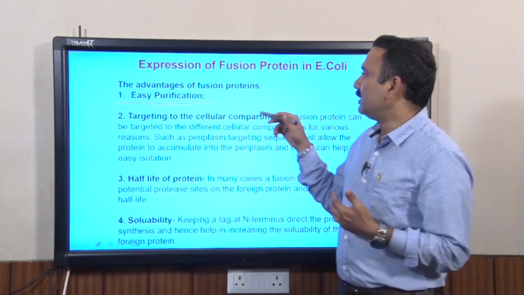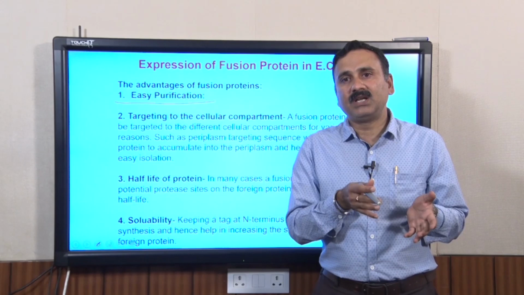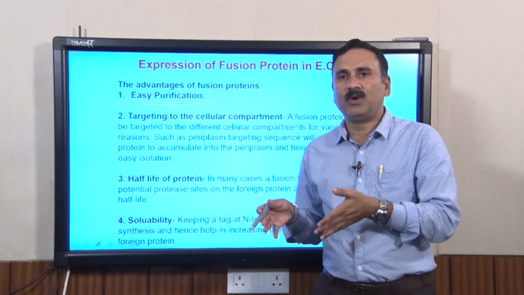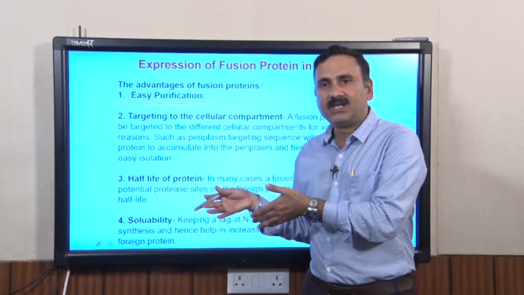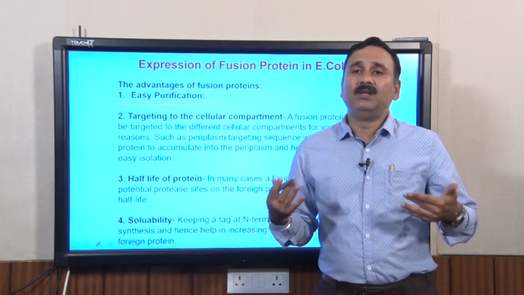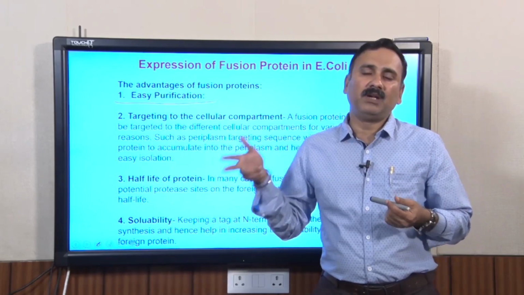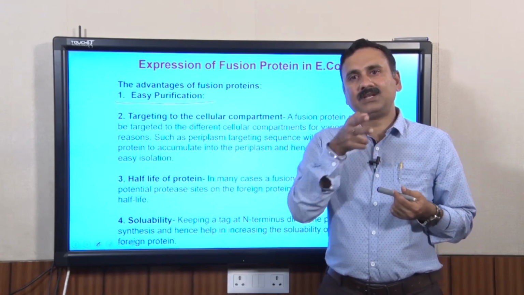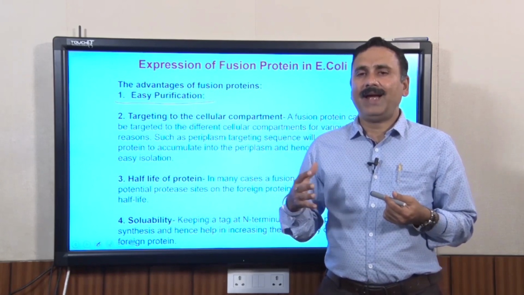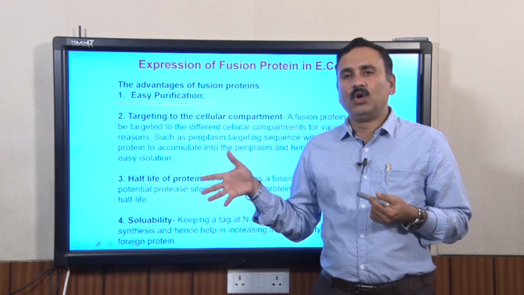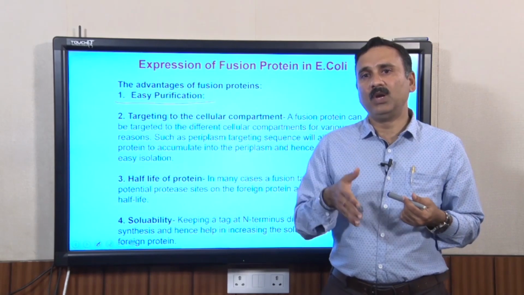If you go by conventional chromatography techniques, you might have to use different types of columns, like an anion exchange column, a cation exchange column or a gel filtration column, to get the purified protein. The disadvantage of running multiple chromatography columns is that at every step you lose some amount of protein, and at the end your overall yield of that purified protein is lower.